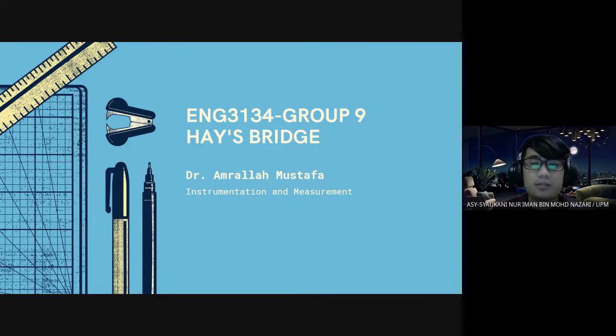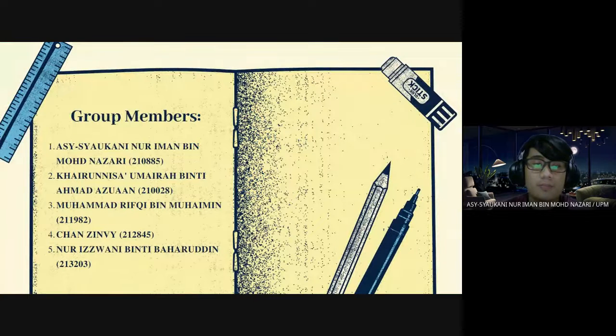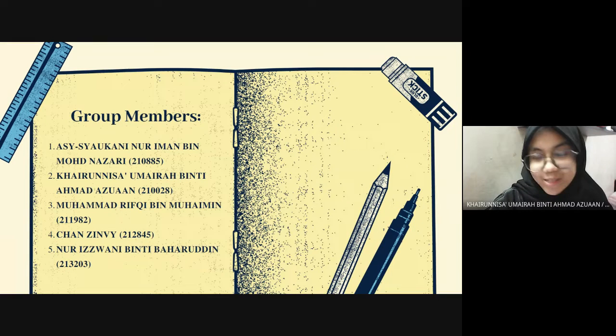Let us introduce ourselves first. My name is Ashaukani Nur Iman bin Muhammad Nazari. My metric number is 210885. My name is Harunisa Umairah binti Ahmad Azwan with metric number 210028.